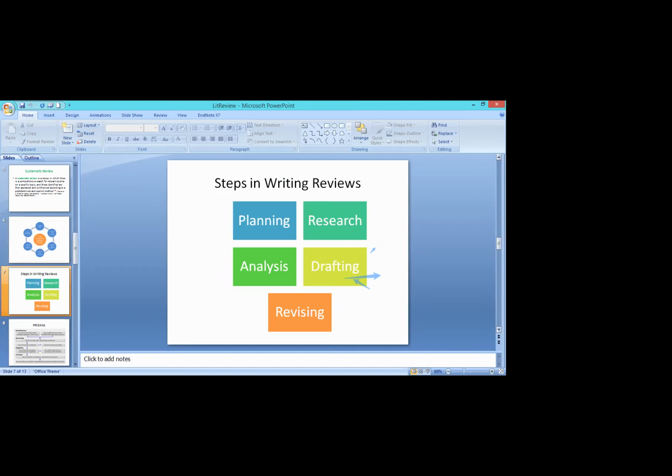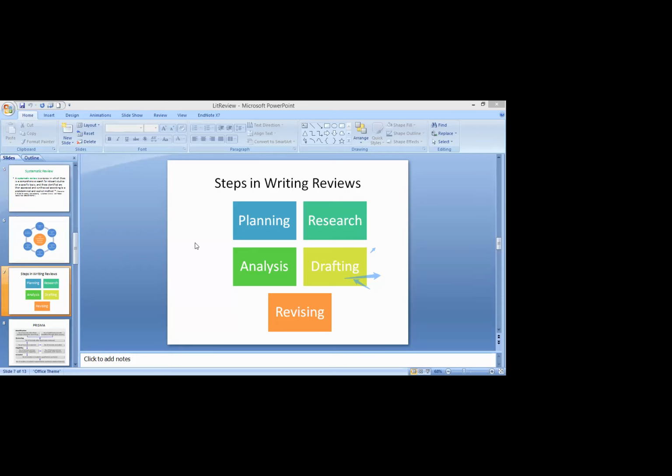So what are the steps in writing reviews? If you ask me for any synonym for research, I will beg your pardon, I would say only one word: read. Research is reading, and no other thing, no other way. People are doing research without reading properly, and that is the dilemma, right? So research is reading.